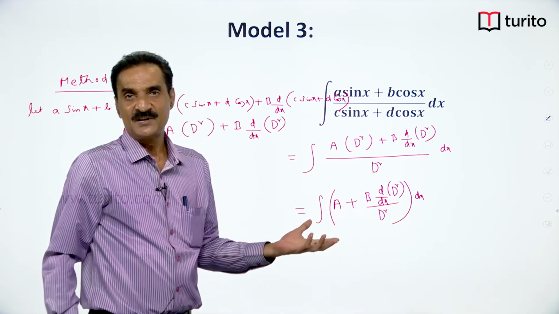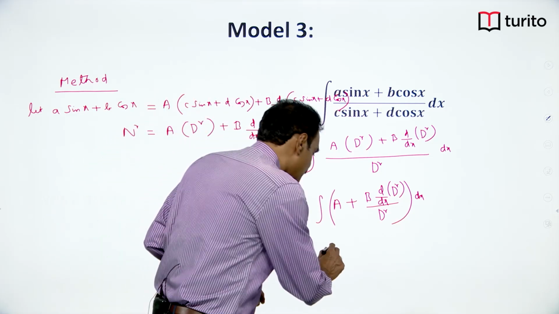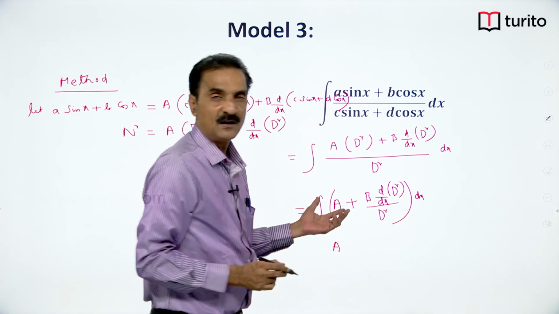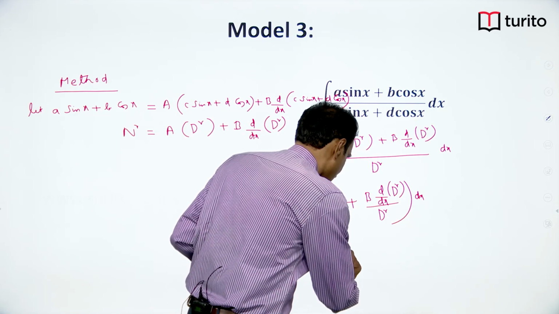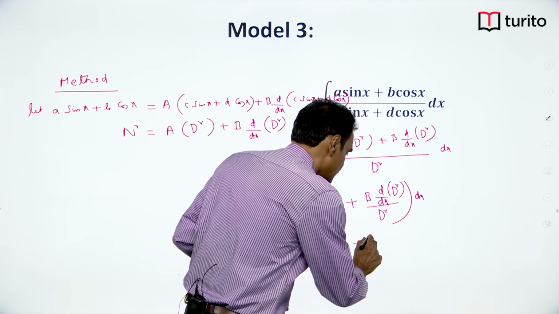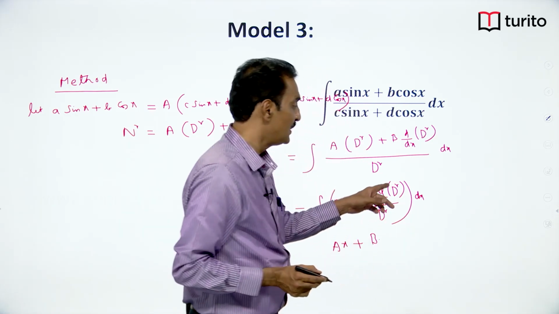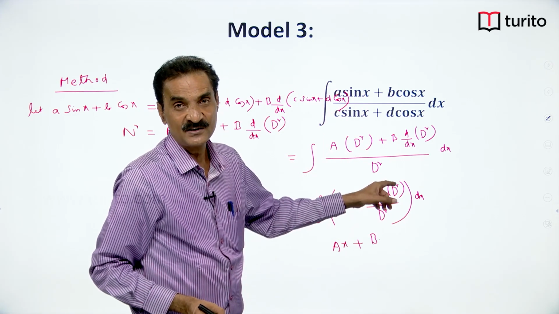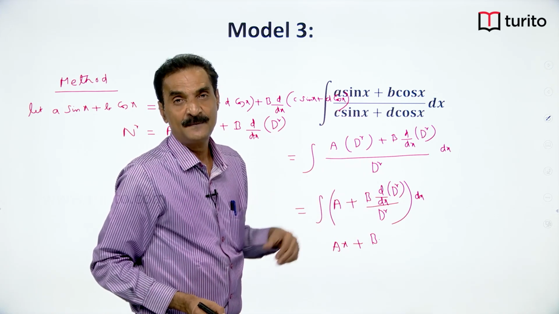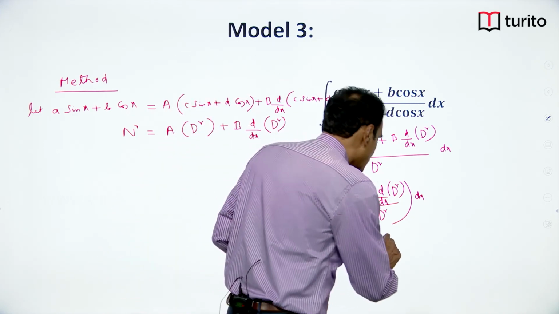A and B are constants, so A into, what is the integral of constant A? Ax, plus B into, this is f dash x by f x, derivative of denominator is numerator, no? What is the integral of f dash x by f x? Log mod f x.